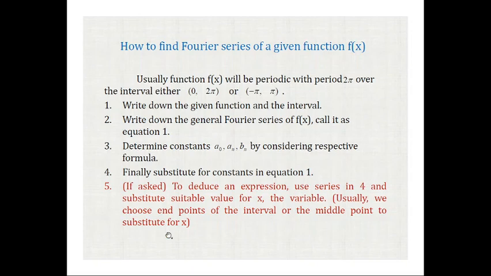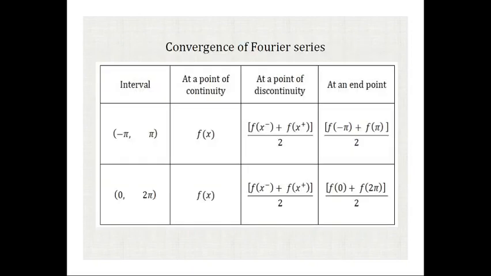That can be achieved by taking a particular value for x. So usually first we prefer endpoints for the values of x. So after finding the series, substitute x equal to the endpoint, keeping in mind the point of convergence.